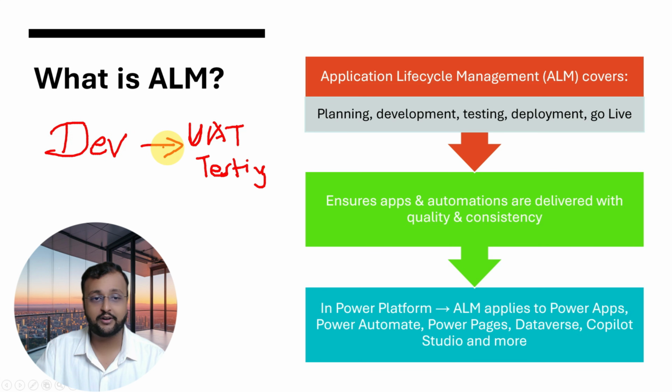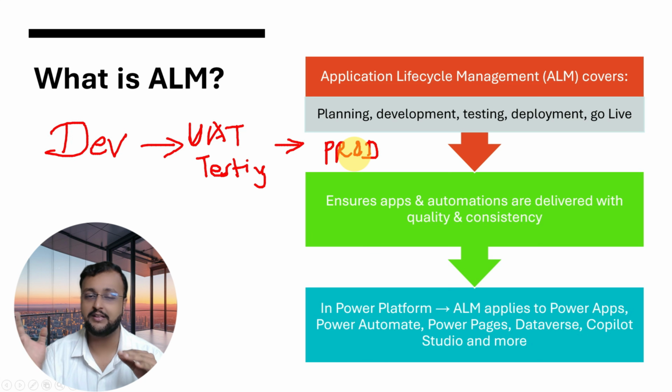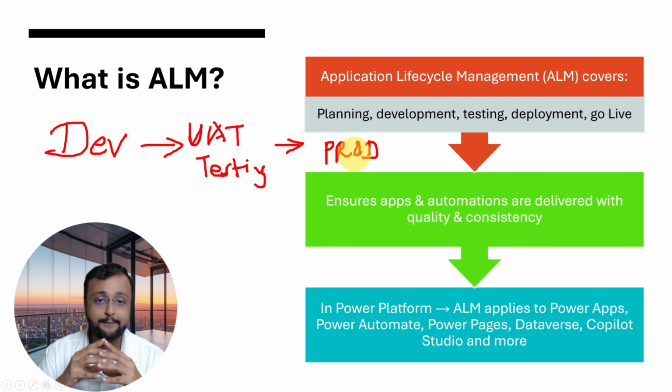Sometimes before a more thorough level of testing, they have UAT and then testing. And once they are all happy, they move the whole solution into prod. Once it goes to prod, it's production ready. So this entire cycle of software development is considered ALM, Application Lifecycle Management, which ensures apps and automations are delivered with quality and consistency.